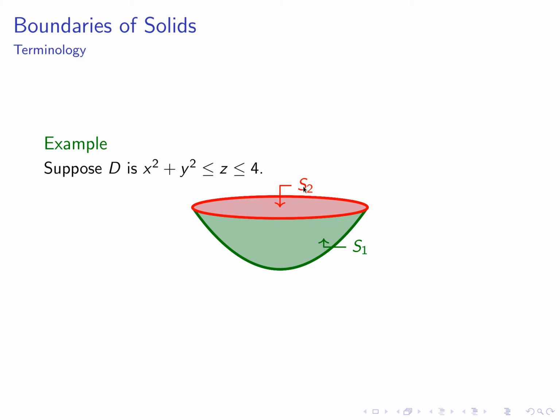The top part is the second part of the boundary of this domain, and this is described by z equals 4, where here z equals 4 is bounded by the paraboloid. So in this situation, we would write the boundary of D is the union of S1 and S2. The outer shell of this three-dimensional domain includes both of these surfaces. So we write boundary of D equals S1 union S2.